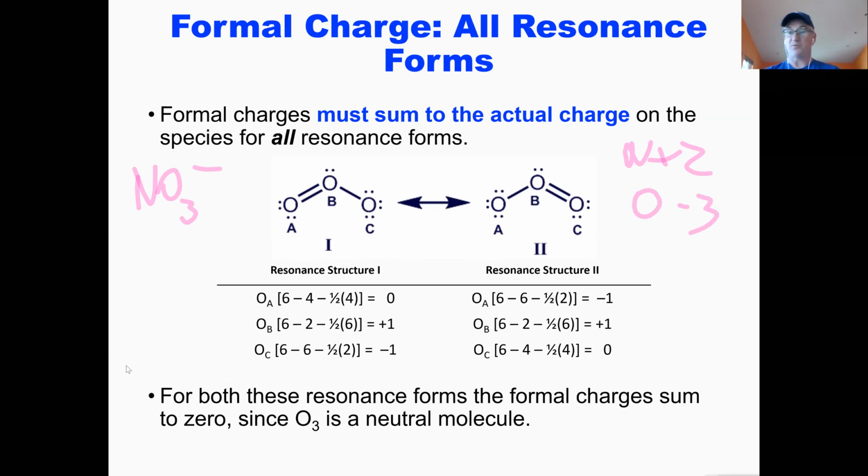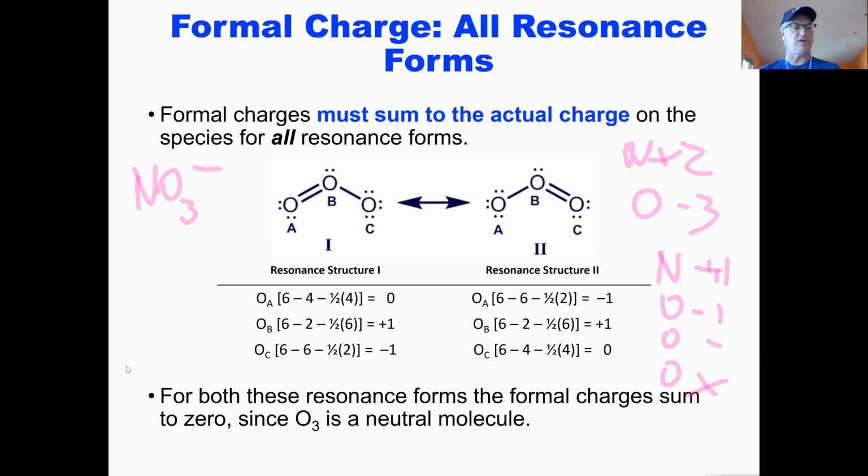That added up to +1. Or we had a nitrogen with a +1 and 2 oxygens with -1 and another one with no charge. That added up to -1. So no matter what your resonance form is, if there's charges on it, they got to add up to the total. So if it's an ion, it's got to add up to the charge of the ion.